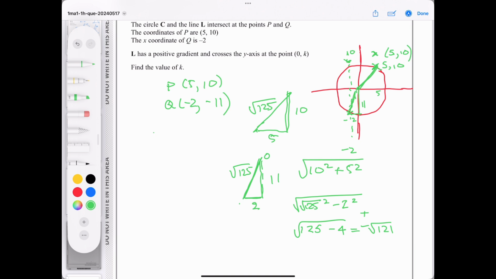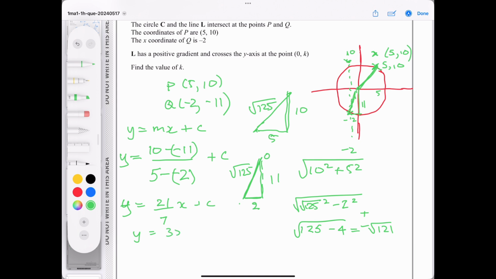Now, to find out where it crosses the y-axis, we'll firstly find the gradient. Let's write y equals mx plus c. So m equals 10 minus minus 11 over 5 minus minus 2, so that is 21 over 7, so y equals 3x plus c.